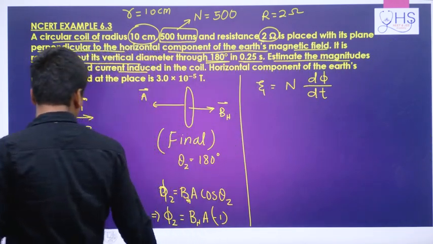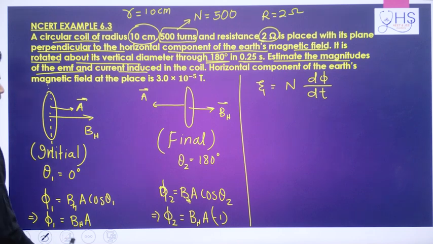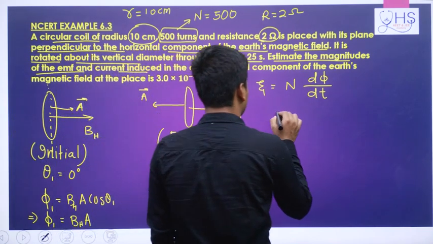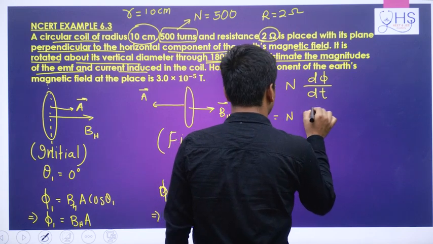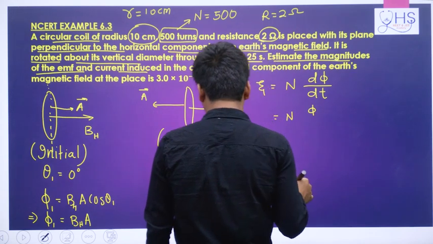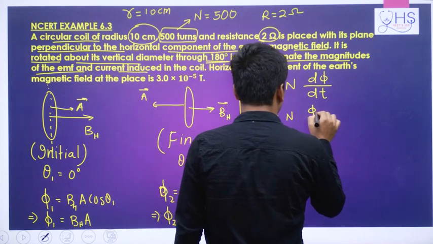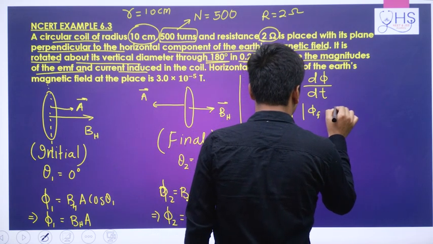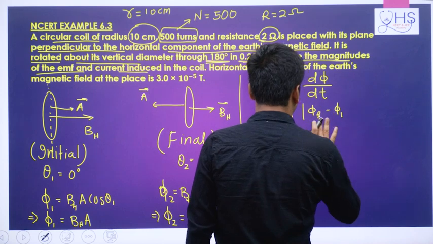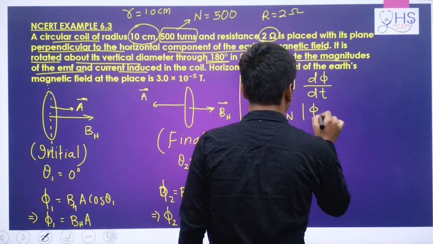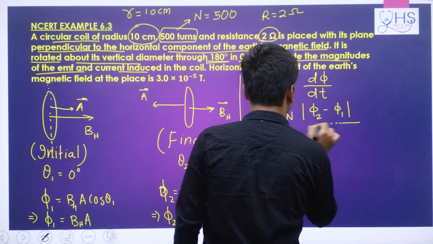Now phi 1 and phi 2 values I have, so I can get the change in flux. The EMF will be the number of turns times final flux minus initial flux, but remember I am taking magnitude. So take final minus initial flux, phi 2 minus phi 1, divided by dt.